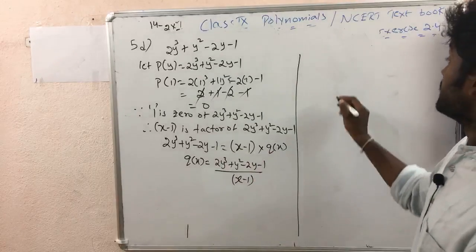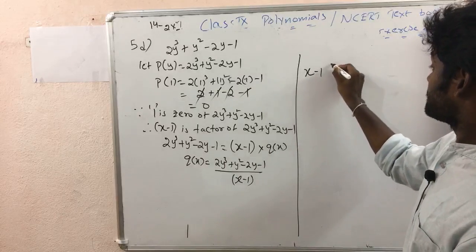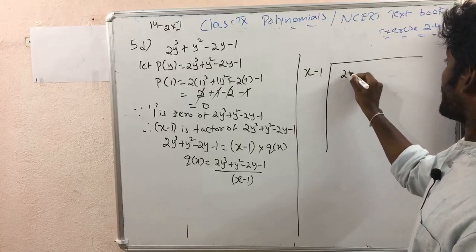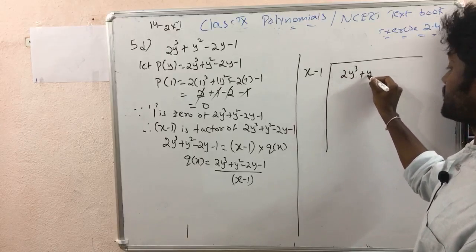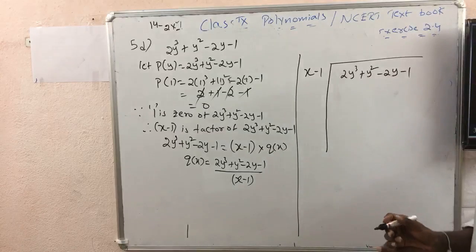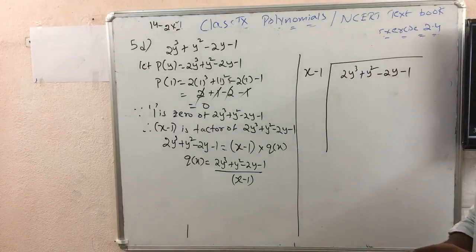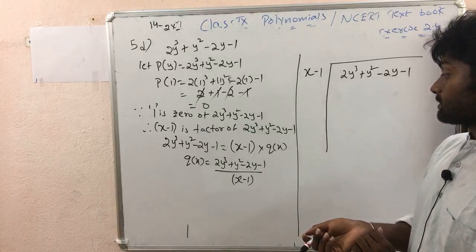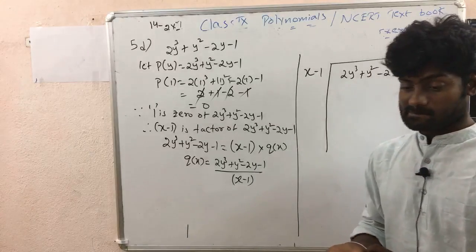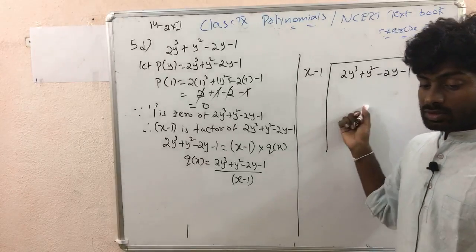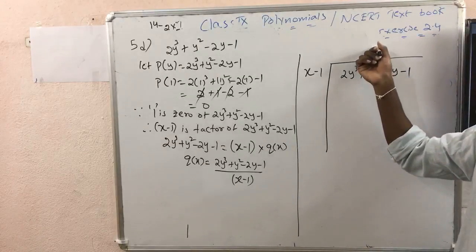Observe carefully. Now divide 2y cube plus y square minus 2y minus 1 with x minus 1. So do the division and get the quotient here.